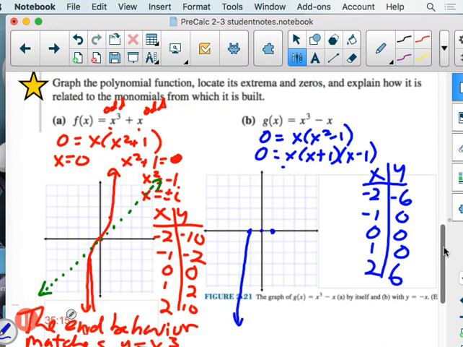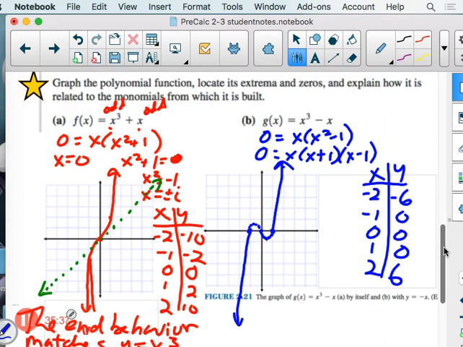Not exactly sure how high that should be, but something's going to happen up here, and then it's going to come back, and something's going to happen here, and then it's going to take off, like that. So what that tells me is this one's going to have extrema. And because we can't do that without calculus, we're going to have to use the graphing calculator.